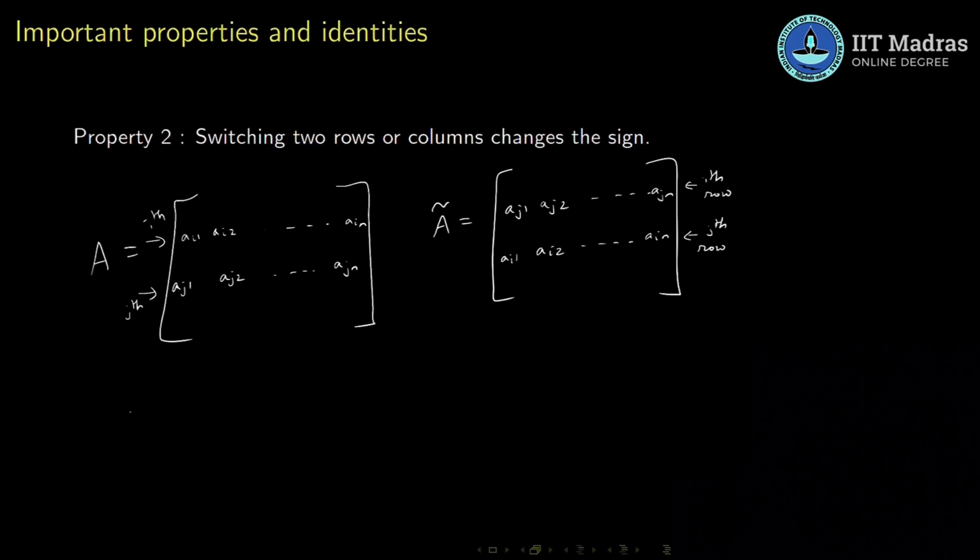Okay, so then determinant of A tilde is minus determinant of A. Okay, how do we get this?